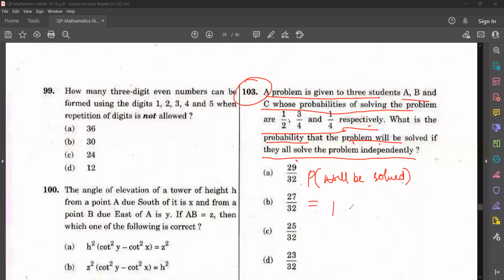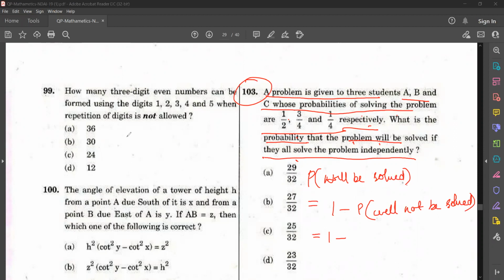That will be equal to 1 minus the probability that it will not be solved, isn't it? So 1 minus the probability that it will not be solved means A will not solve, B will not solve, and C will not solve.